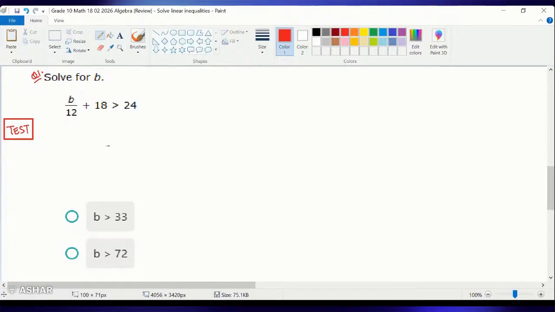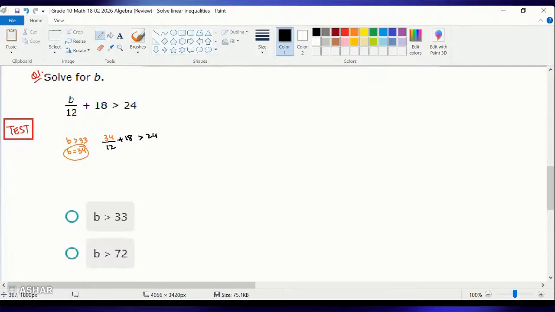We'll try it multiple ways. If b is greater than 33, can I take b equals 34? Can I put the value of b as 34 over here, and say divided by 12 plus 18 should be greater than 24? What is 34 divided by 12? Oh, that's a fractional value, right?